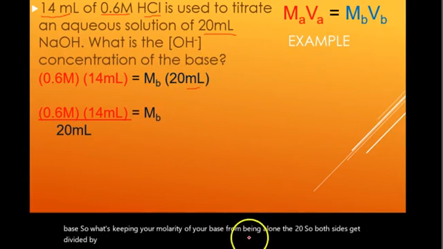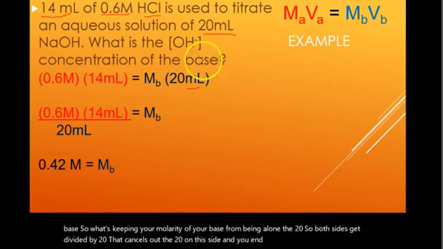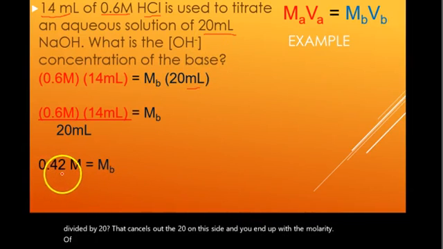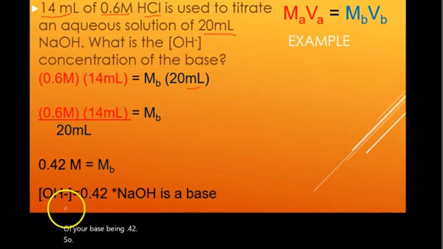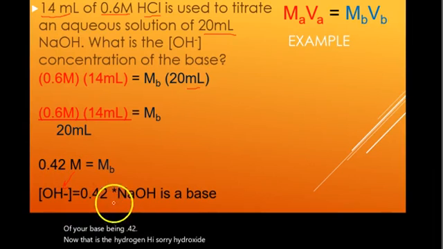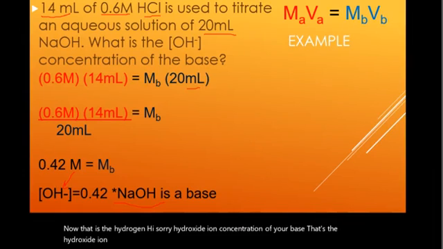That cancels out the 20 on this side, and you end up with the molarity of your base being 0.42. So now that is the hydroxide ion concentration of your base.